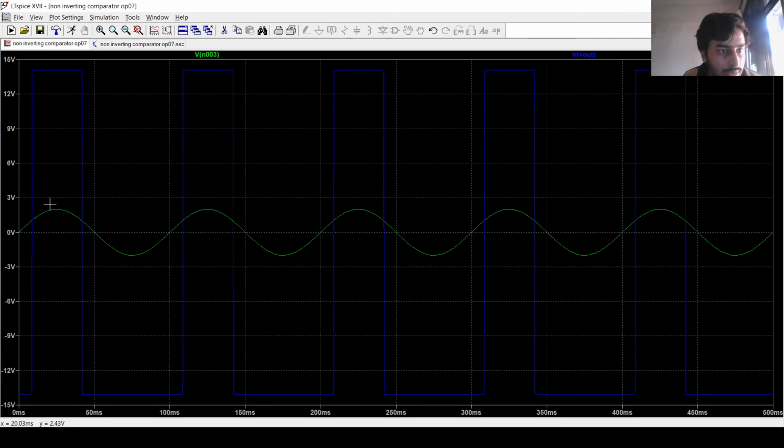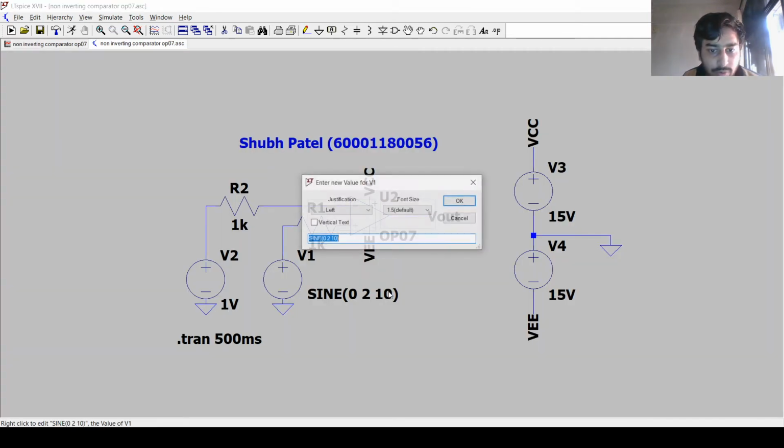So when the sinusoidal voltage is higher than 1 volt, the output is positive, and when it is lower than 1 volt, the output is negative. So let's check for a different frequency, say 1 kilohertz.